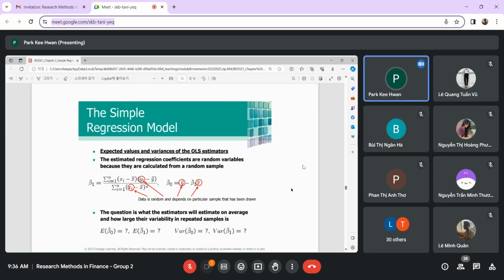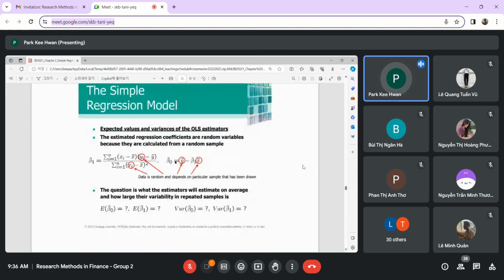So what I mean is that when you draw a sample and estimate the slope parameter beta 1 hat and beta naught hat, the estimated values will be different from sample to sample. That means these estimated parameters are random variables. Okay, so that is the key point.